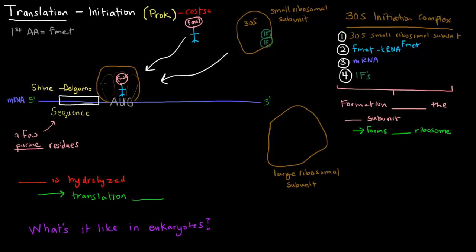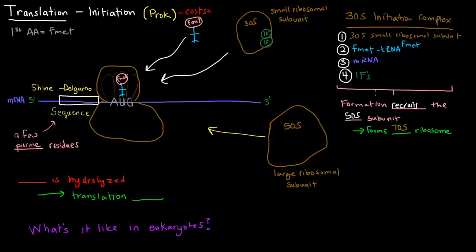Now, once this initiation complex forms, the formation of this complex recruits the 50S subunit, which is the large ribosomal subunit. So then this thing will now go over and join this complex, and that forms what is called the 70S ribosome.